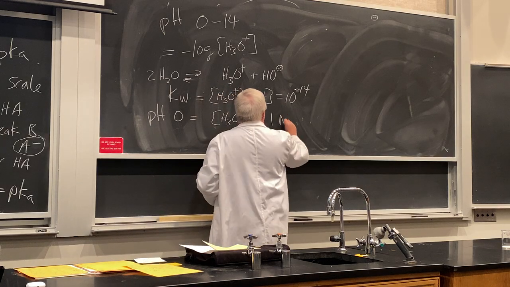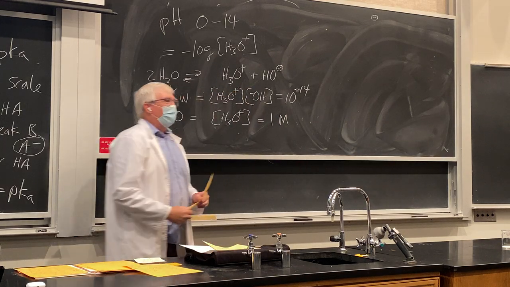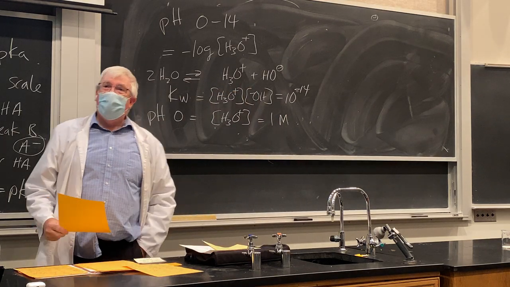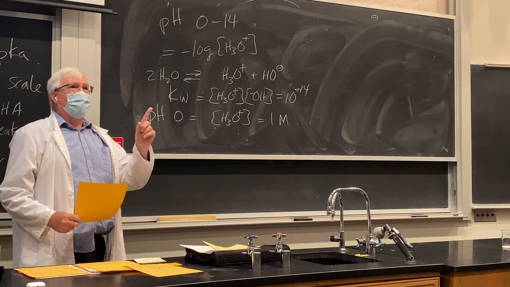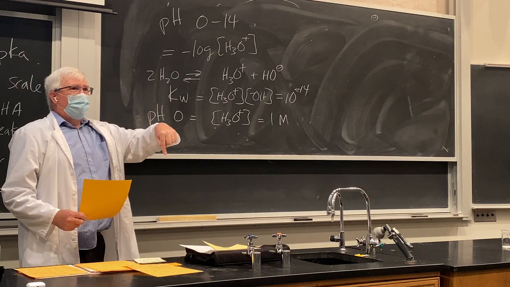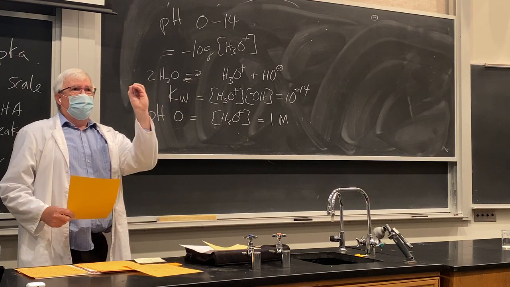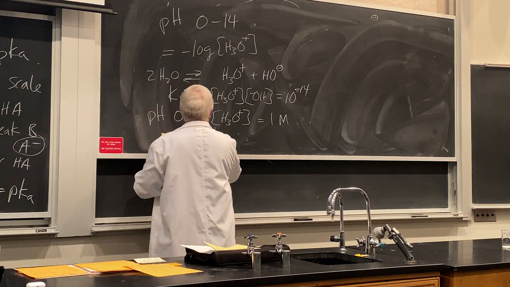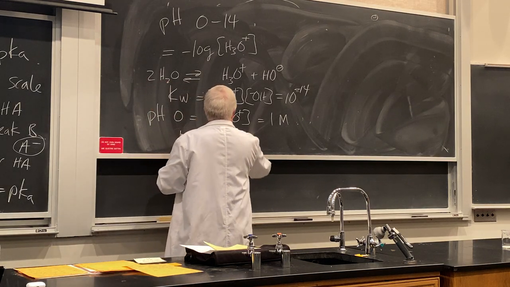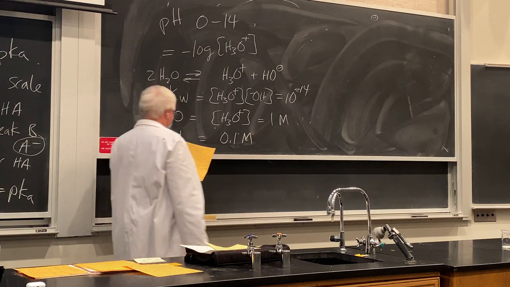And you can get that if you put 1 mole of hydrochloric acid or 1 mole of sulfuric acid in water. It'll completely ionize and make 1 mole of hydronium ion. And if you put your pH meter in there, it will register 0. Okay. pH 1, this is equal to 0.1 molar hydronium ion.